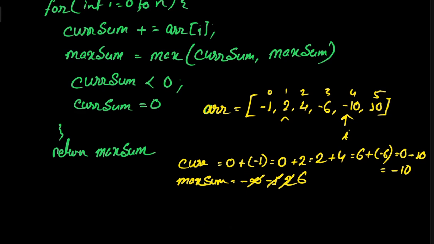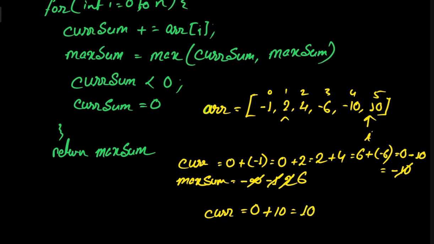So again the current sum will be 0. Now it will shift here, and now the current sum will be plus 10, so it is 10.